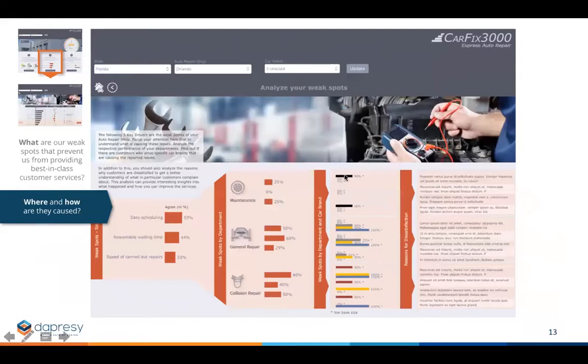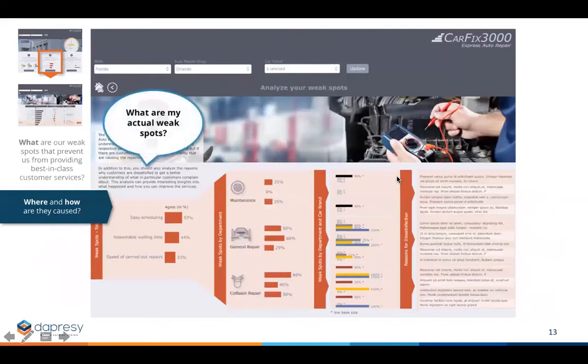And then last but not least, there's even a split into brands, so that you can easily identify, is there any specific car brand driver that causes this weak spot, or is it more a general concern? And then you'll even see the comments that are related to the respective item and the respective department or brand.